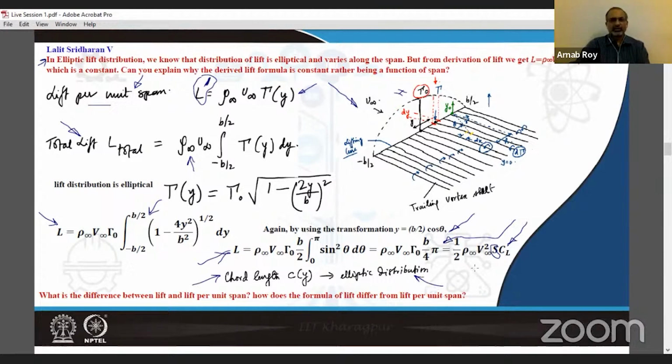So I hope you have looked at it. So this is basically the difference between lift per unit span and total lift. And therefore, we have tried answering both your questions, that why it turns out to be a constant, even though the lift distribution is elliptic, because it basically comes out in that form after you integrate the expression.